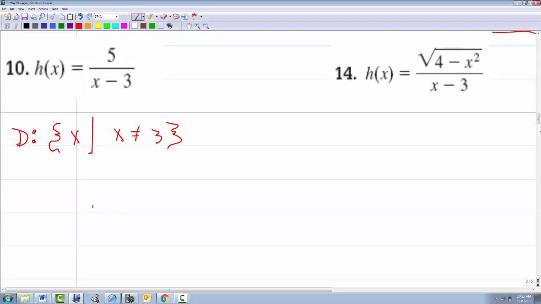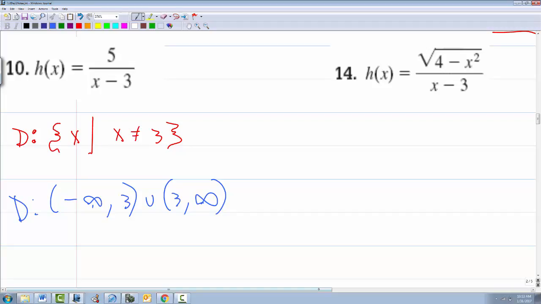So I have to start another one at 3 to infinity. So your cat answer is, and this is kind of annoying, when you have a not equal to sign, you have to write negative infinity to infinity, but then you got to exclude that one number by doing what we did here. In parentheses, exclude it. So that is the domain.